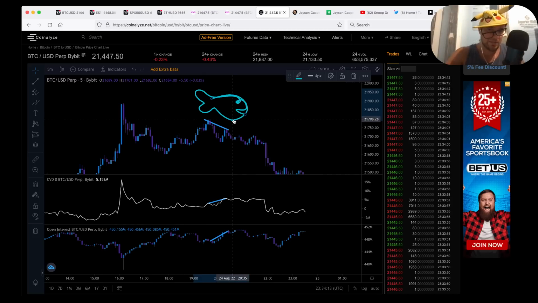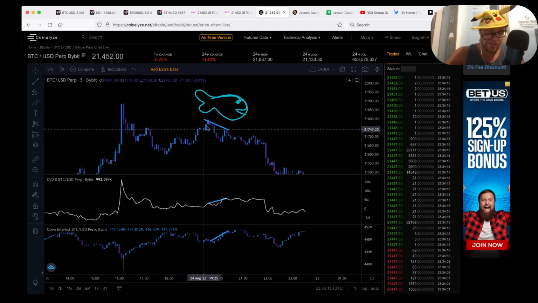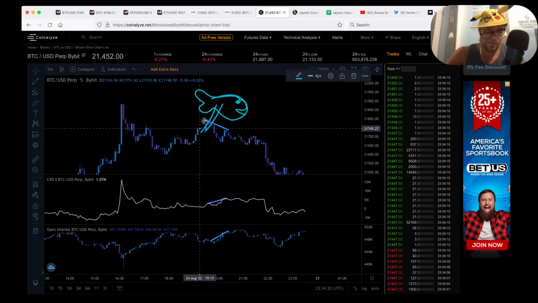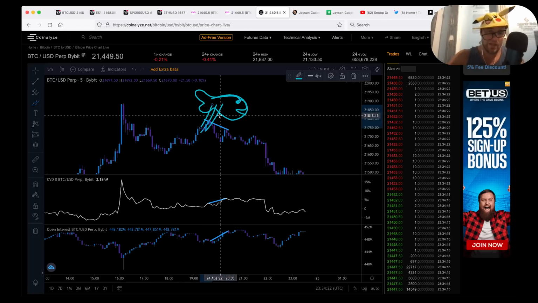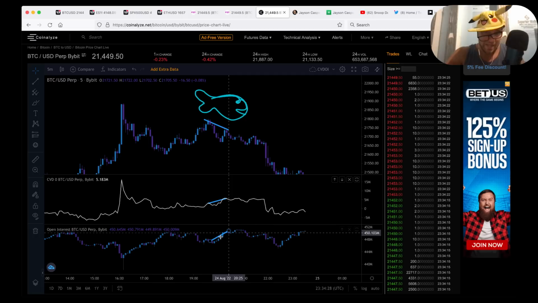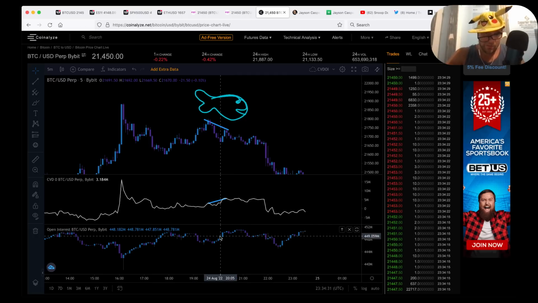Okay? This is telling us here that although more people are longing than shorting, price is still getting lower. What's the only explanation for that? The only explanation is that there are retail traders FOMOing long here, and as they are entering into a long position, they are filling up this whale, which is building a short here, okay? Now, what else we need to notice is that open interest, okay, very important.